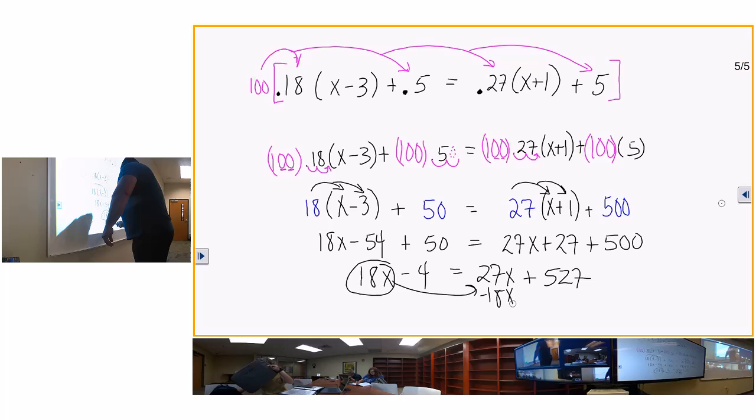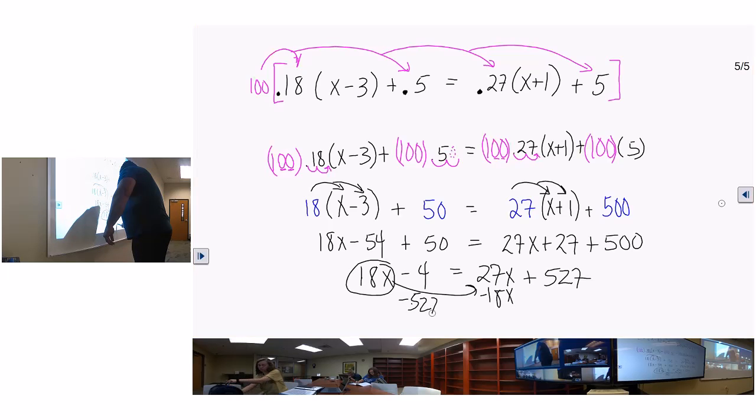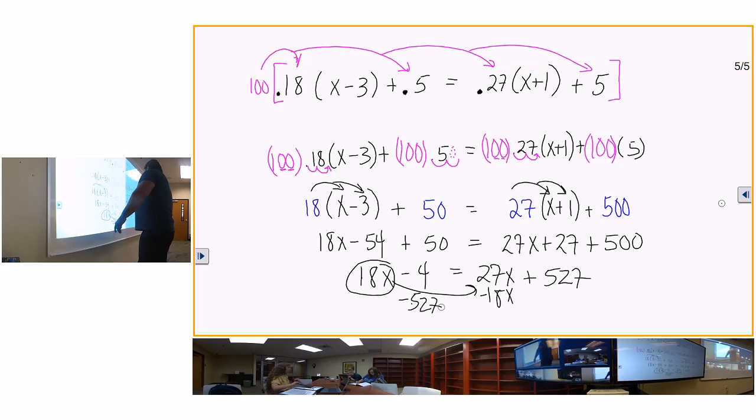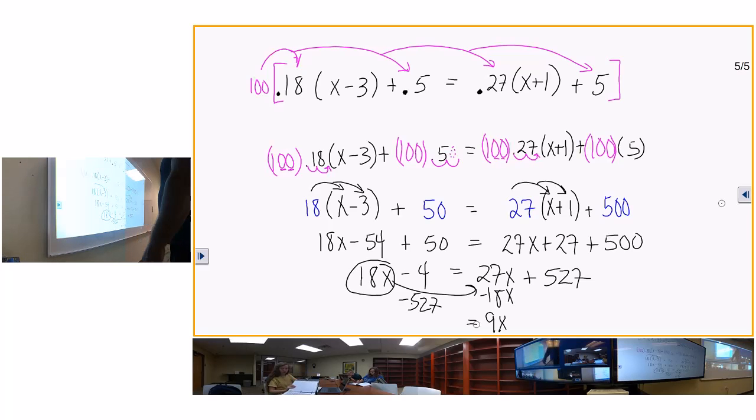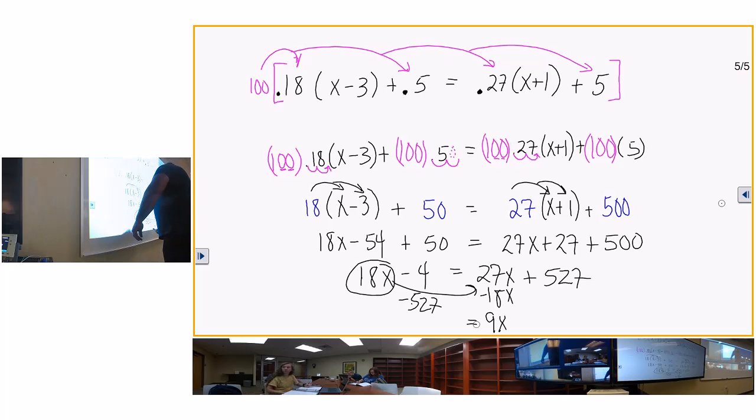Bring the 527 across the river. 27 minus 18 is what? Is it 9? I get it mixed up between 9 and 11. Okay? And negative 531.